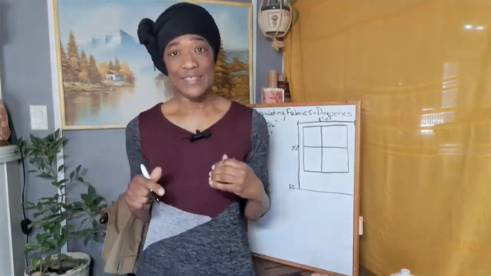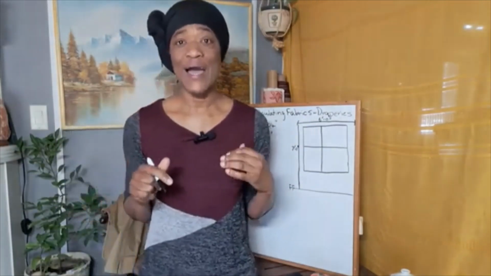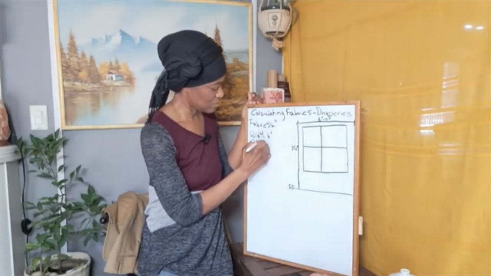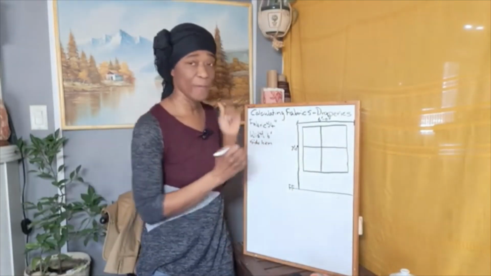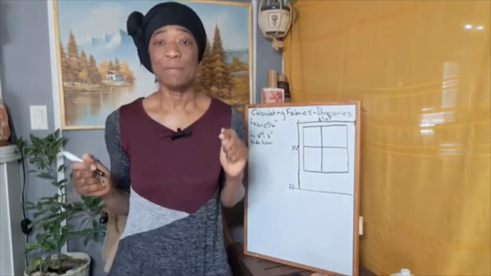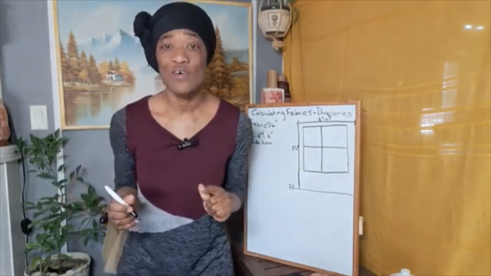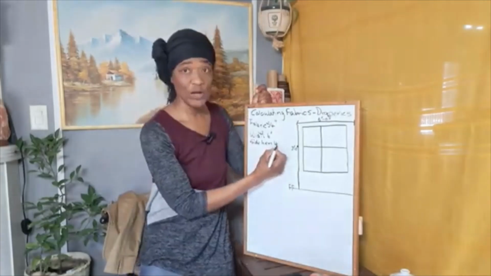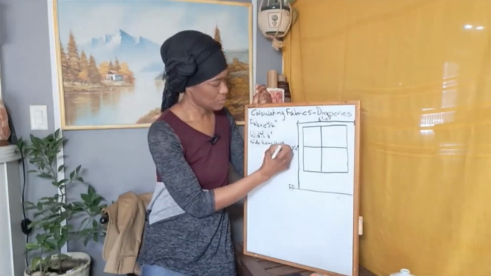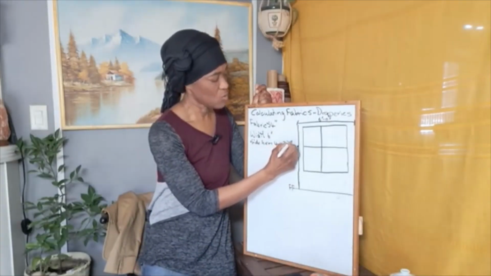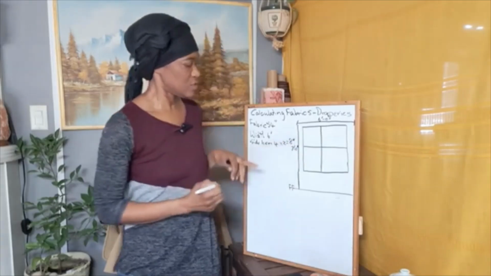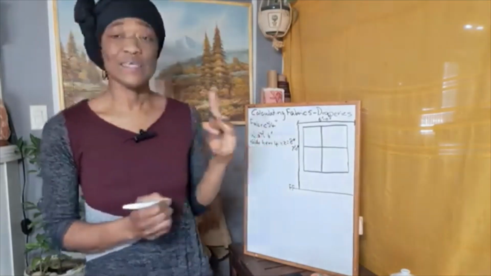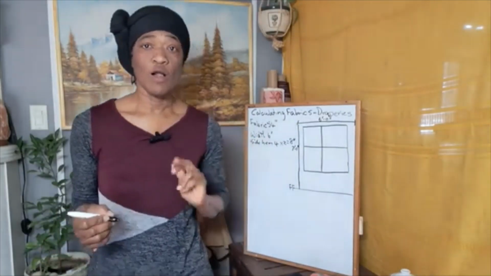However, to that 6 feet, we will need to add side hems. And if you're making 2 panels, it means that you're going to have 4 side hems. So 4 times 2 equals 8 inches.